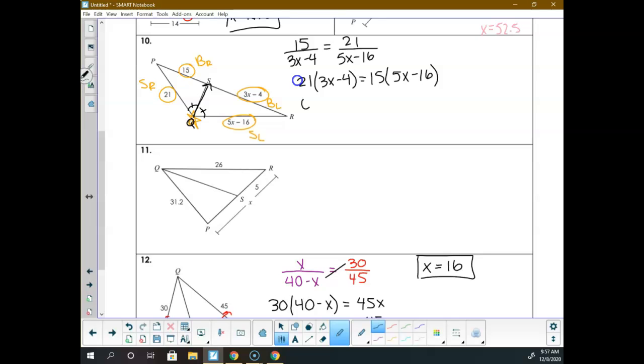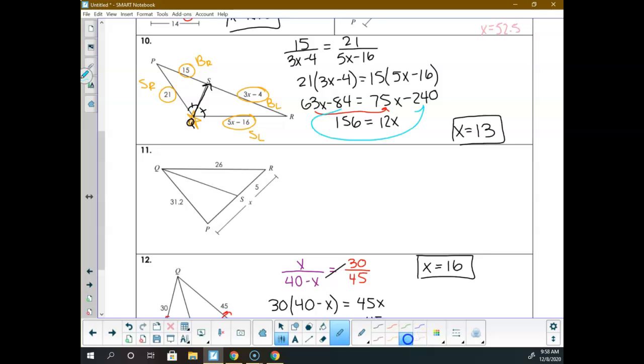So this is 63x minus 84. I moved my 63 over here and the 240 to the other side.